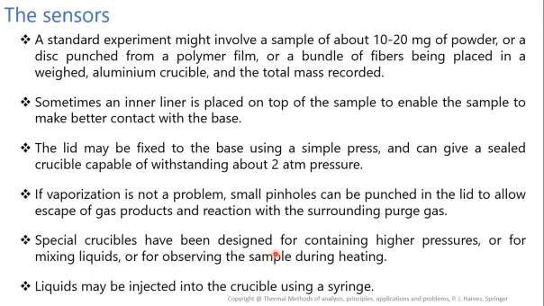If vaporization is not a problem, small pinholes can be punched in the lid to allow escape of gas products and reaction with the surrounding purge gas. Special crucibles have been designed for containing higher pressures, for mixing liquids, or for observing the sample during heating. Liquids may be injected into the crucible using a syringe.